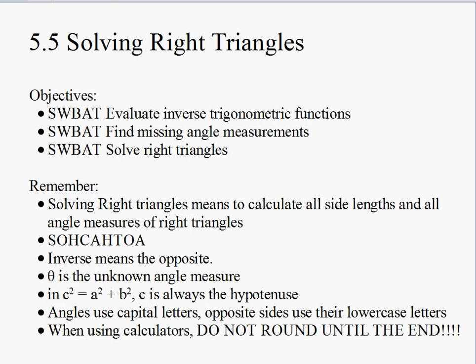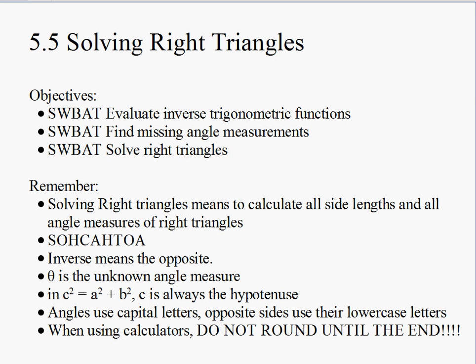Let's remember the S is sine, C is cosine, T is tangent, and the OH, the AH, and the OA are the fractions you're supposed to be given once you give that trig ratio. The word inverse means opposite, so you'll see what that means in a second when we talk about inverse trig functions. The symbol theta is the unknown angle measure, okay?